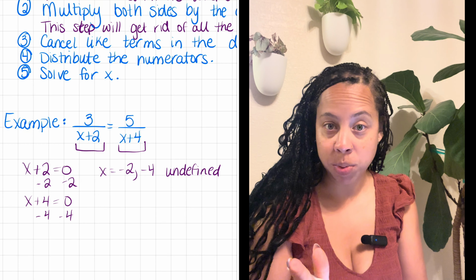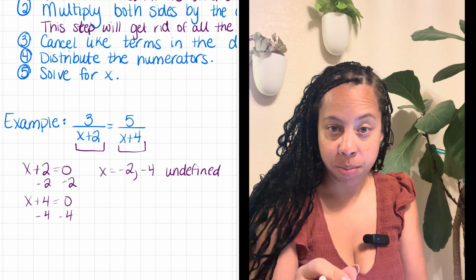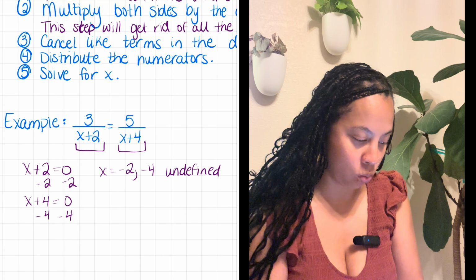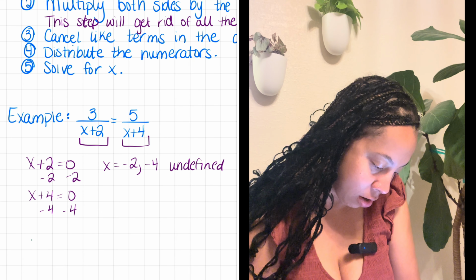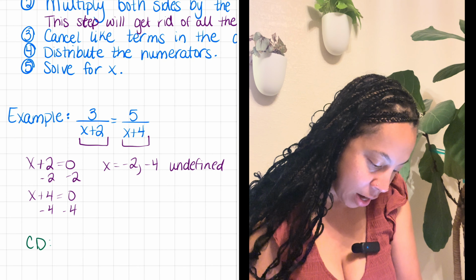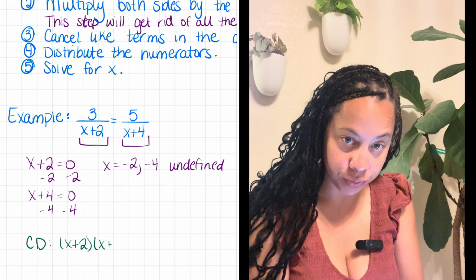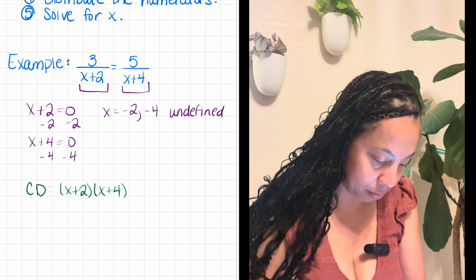Now you want to multiply both sides by the common denominator. So I just put all the denominators next to each other, and if I see something that I already wrote, I only write it once. So for our common denominator here, we have an x plus 2 and an x plus 4. So now we're just going to rewrite our original function.